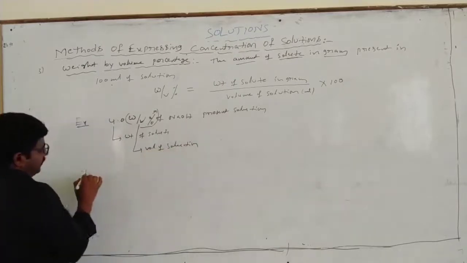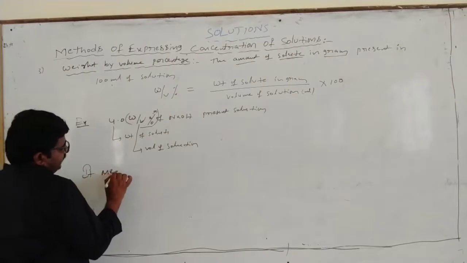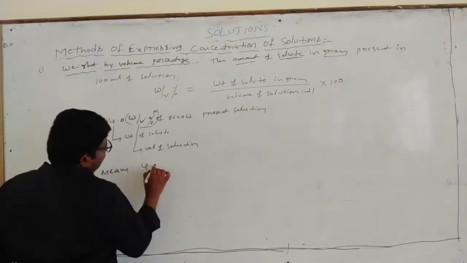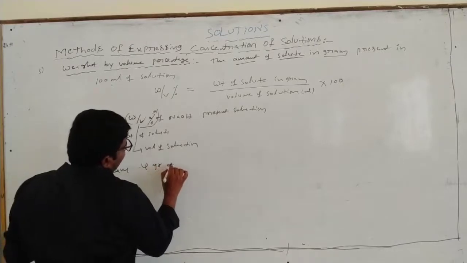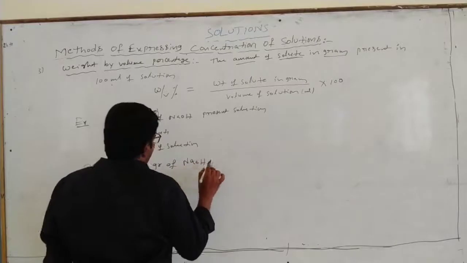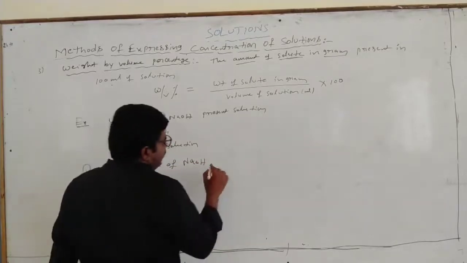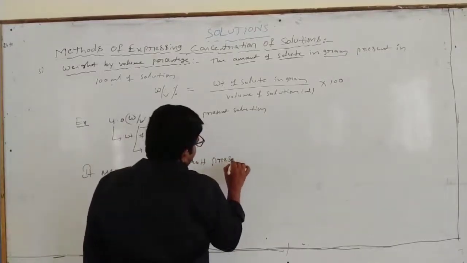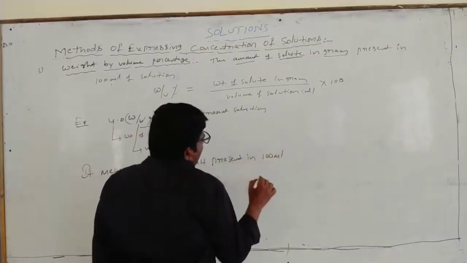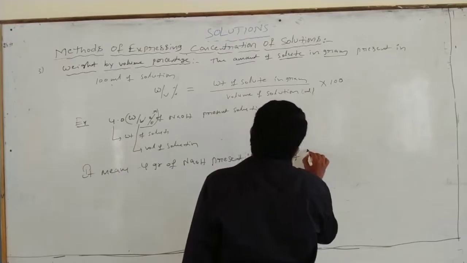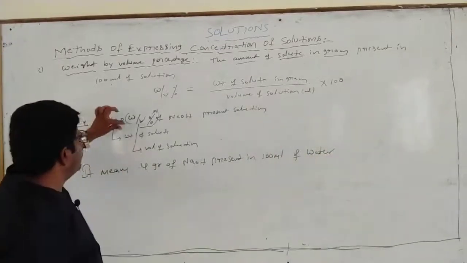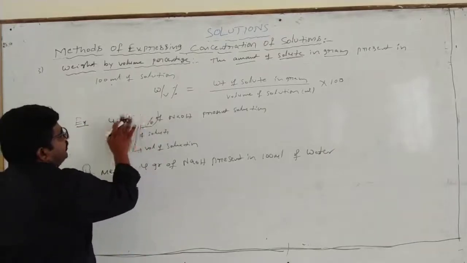It means 4 grams of NaOH are present in 100 ml of water. That indicates 4.0 weight by volume percentage.